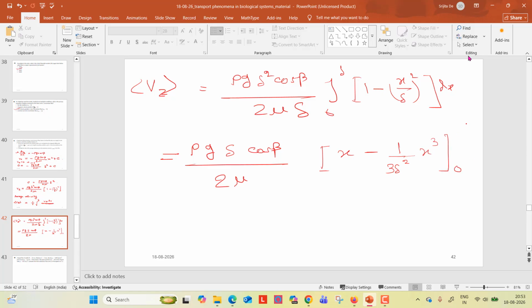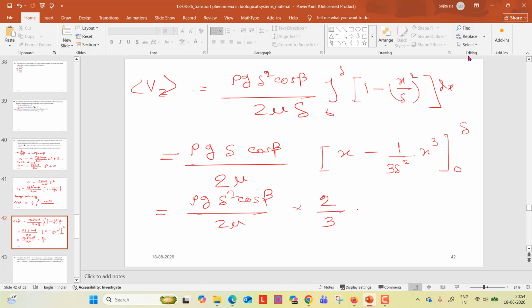Now if you put the value of delta, it will be coming as rho g delta cos beta by 2 mu into delta minus delta cube by 3 delta square. So it will be delta minus delta by 3. So if you take the common delta, it will be 1 minus 1 by 3. So it will be 2 by 3. Okay. And 0 will be cancelled out.